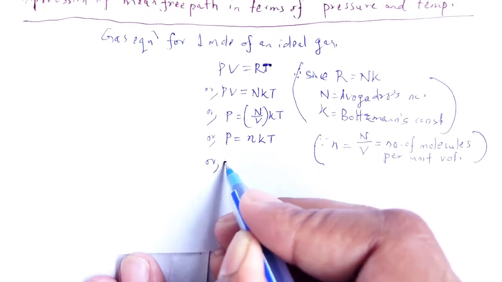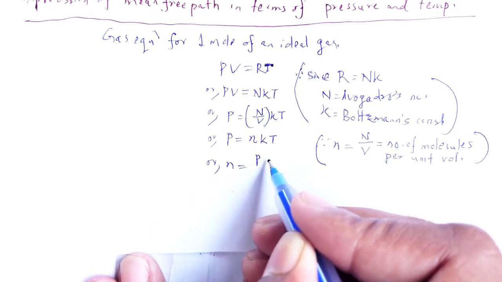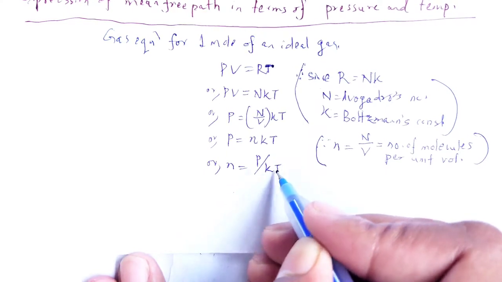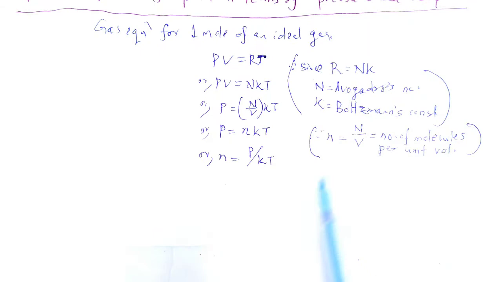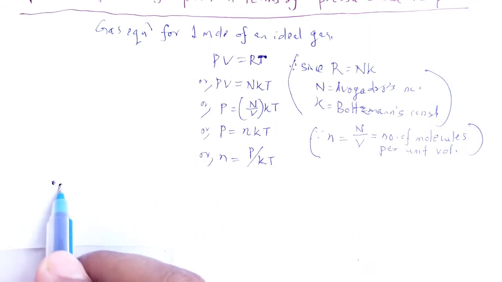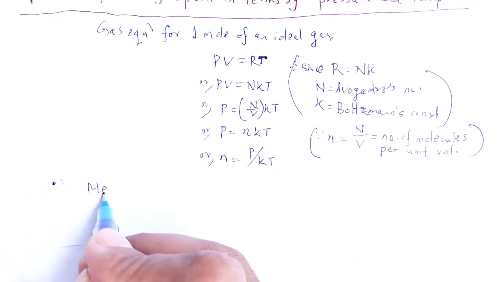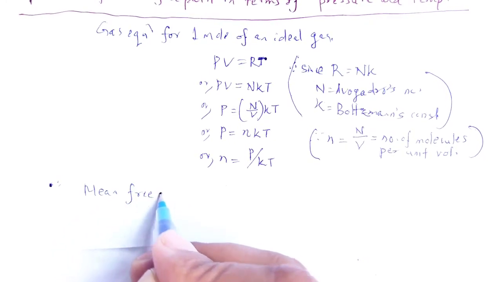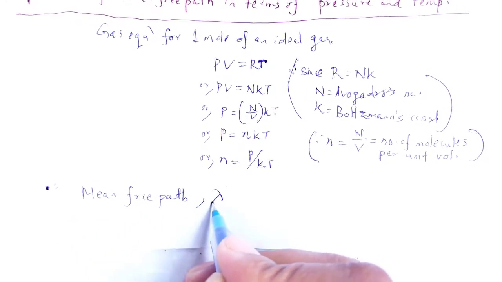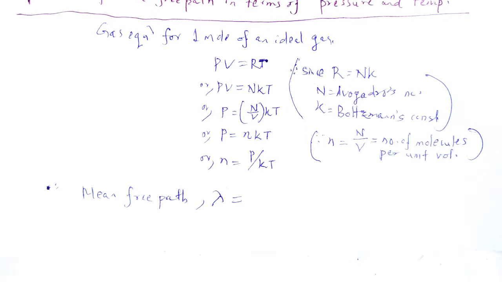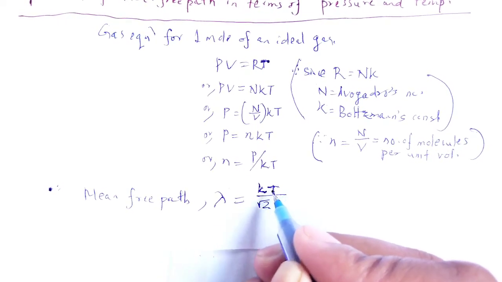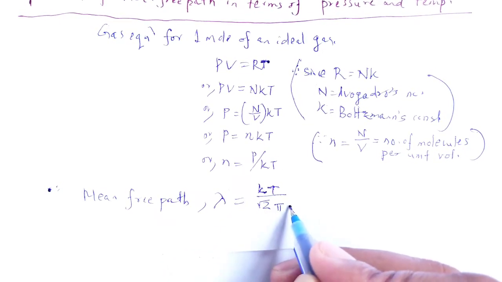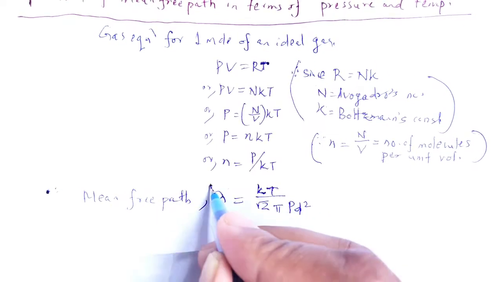Now N is equal to P by KT. Putting the value in the expression of mean free path, mean free path lambda is equal to kt divided by root 2 pi p d square.